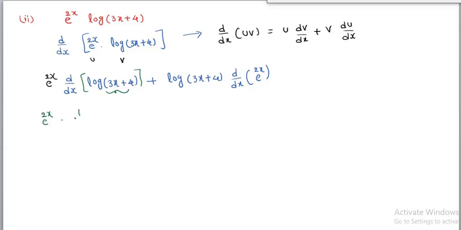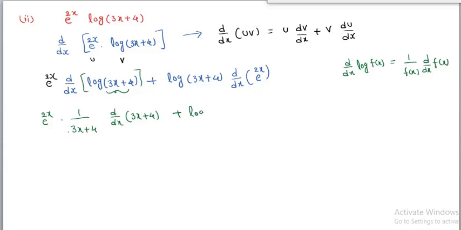d by dx of log f of x is 1 by f of x again d by dx of f of x. So 1 by (3x plus 4) d by dx of (3x plus 4), log of (3x plus 4). So d by dx of e power f of x is e power f of x d by dx of f of x.